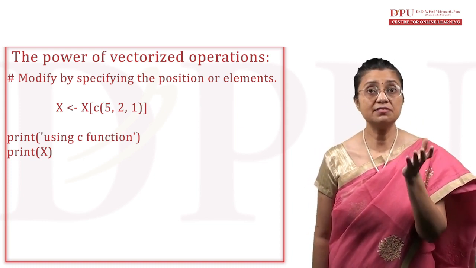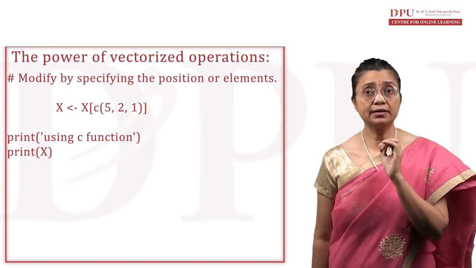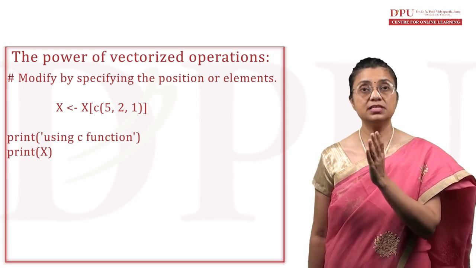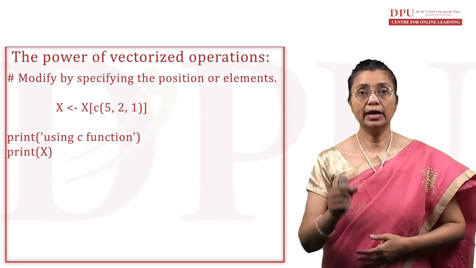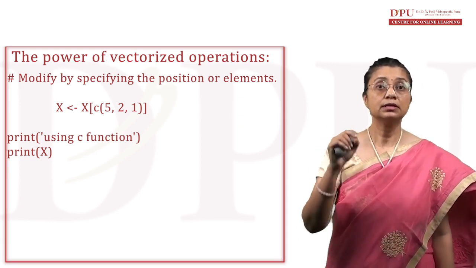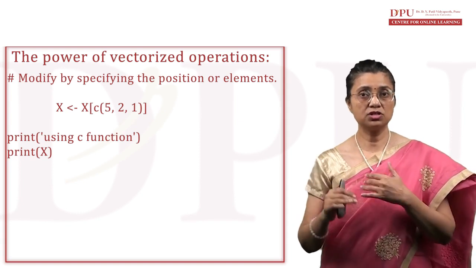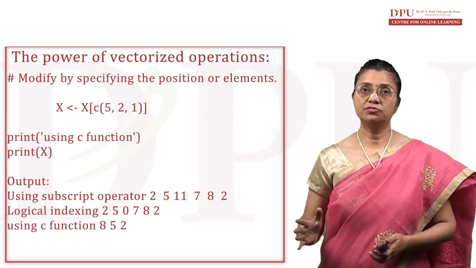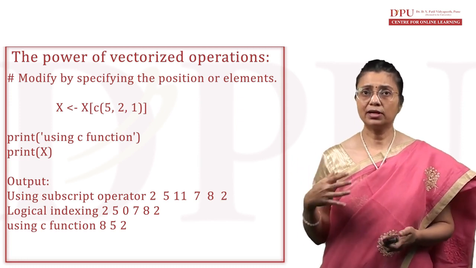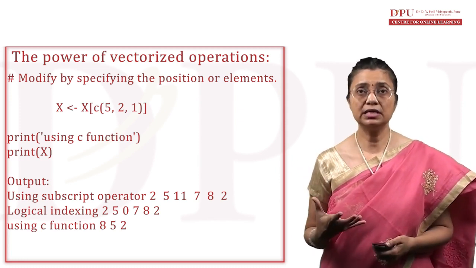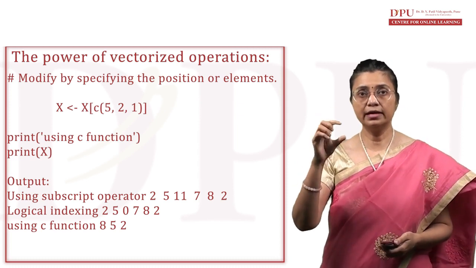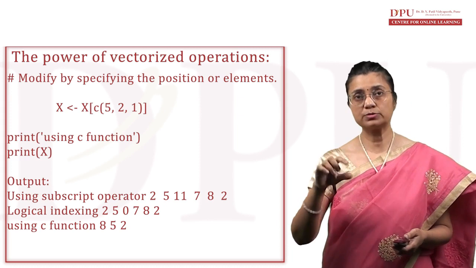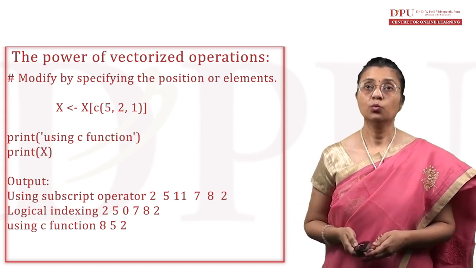So what happens? x[5] is 8. x[2] is 5. And x[1] is 2. So the elements from the fifth location, the second location and the first location are printed on the screen. And you can see the output is 852. So that is how vectorized operations can be done very easily with the help of the understanding of the index and the logical conditions which are available, and how explicitly I can change a particular value.